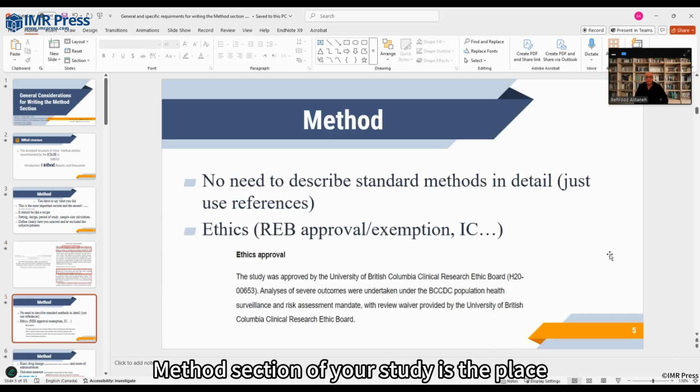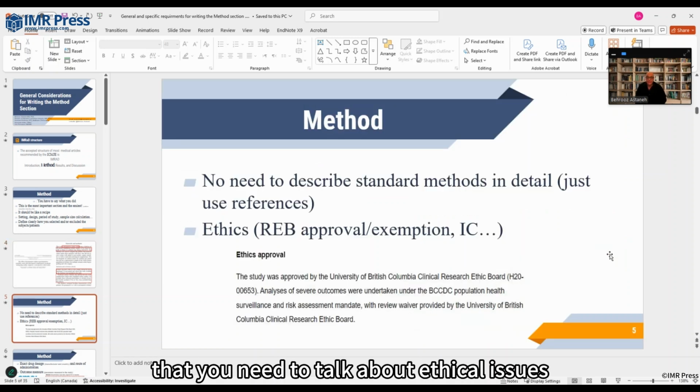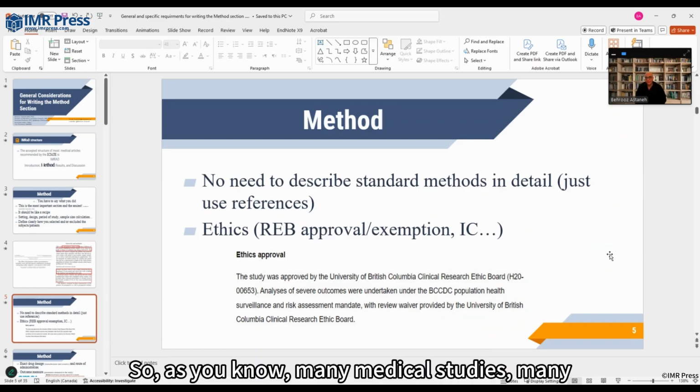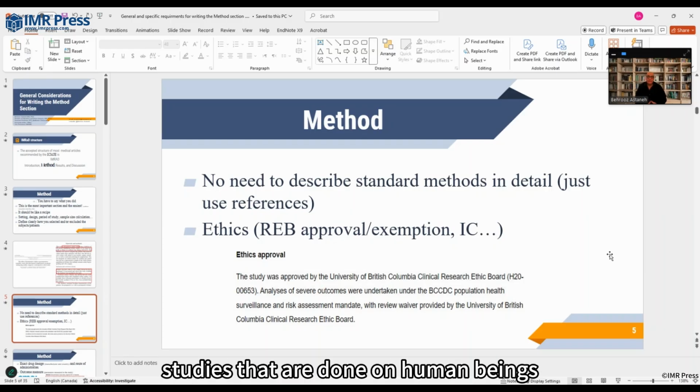Method section of your study is the place that you need to talk about ethical issues related to your study. So, as you know, many studies that are done on human beings need a research ethics board approval.